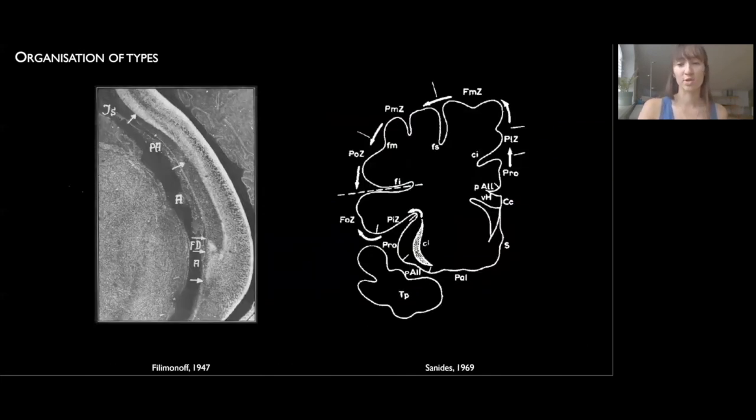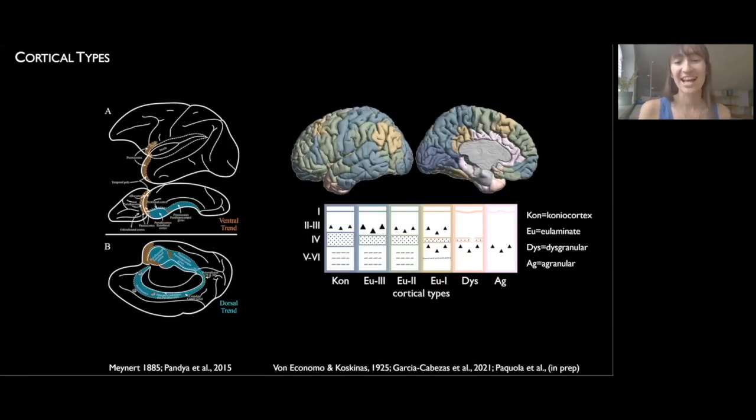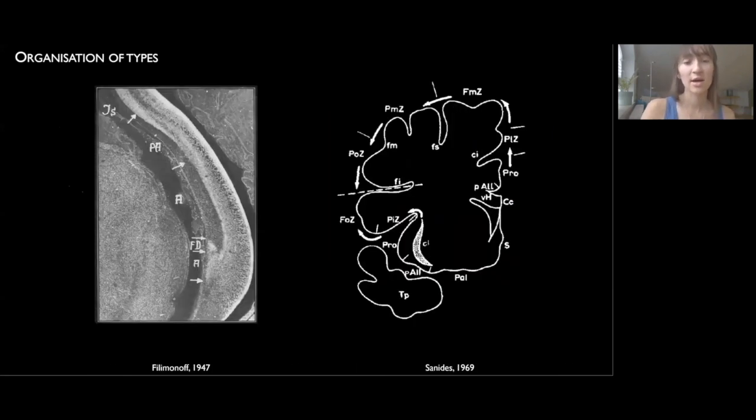But that sequence I showed, maybe I'll jump back. The sequence is not just feature-based, that ordering that I'm showing. That's also a topological sequence across the cortical surface. That was first noticed back in 1947 by Filimonov. Filimonov was looking at the neural plate in fetuses, and he found that the allocortex here, the hippocampus, part of the allocortex, and the isocortex were separated by a periallocortical region, a transitionary region between allo and isocortex.